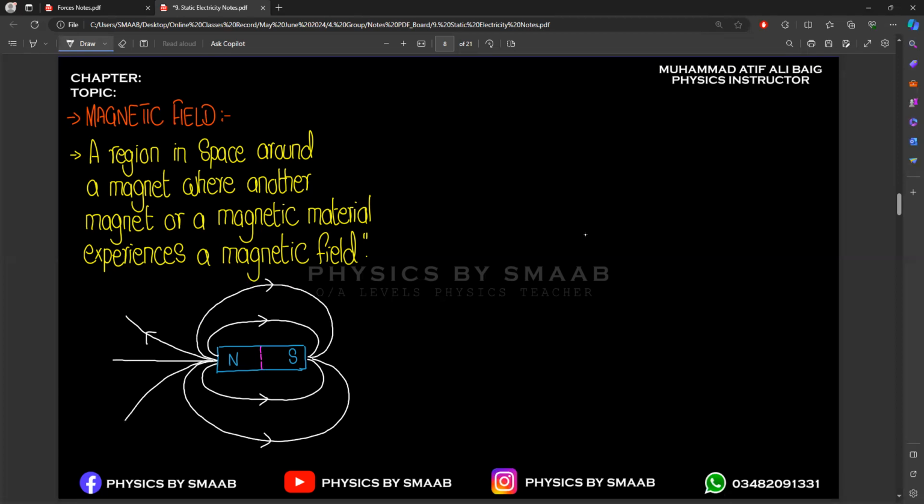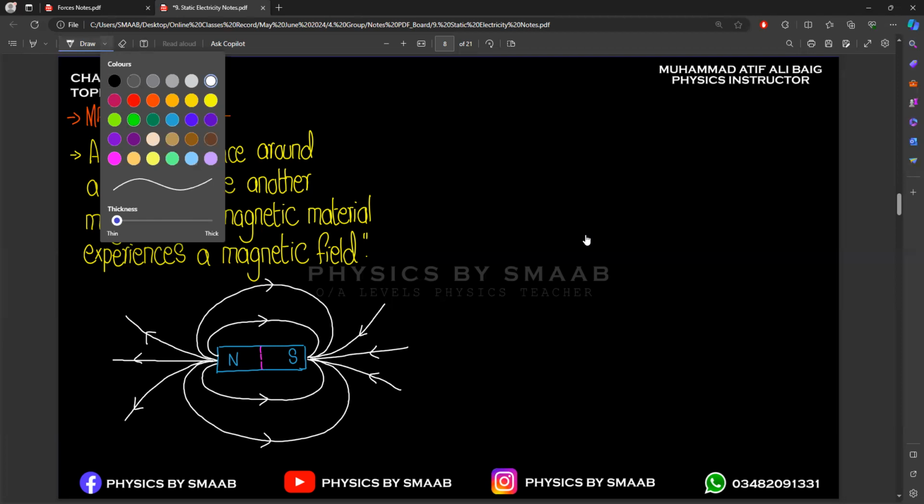From north it will always go outside, and from south it will be towards the pole, like this. So this will be the magnetic field lines for the magnet.